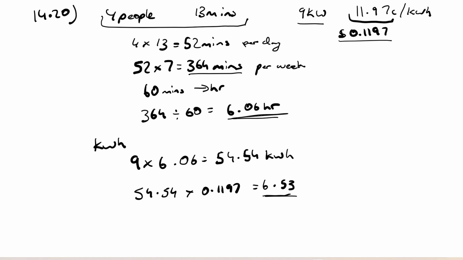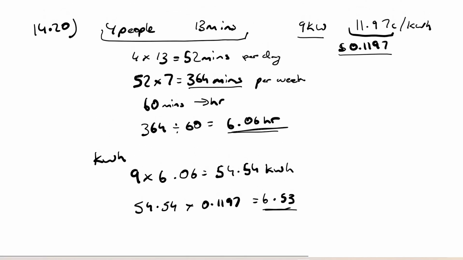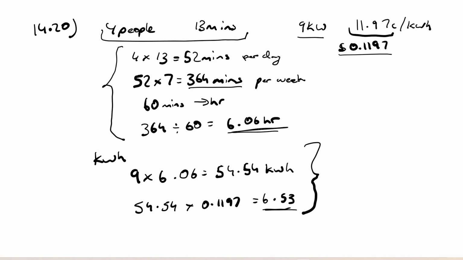So that's how we do this question. This part is pretty simple. We've done this so many times. We just needed to do these small little changes. So I hope that makes a little bit of sense.